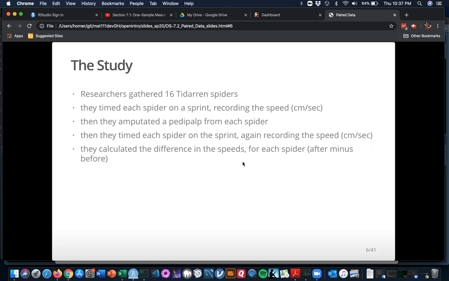And then they calculated the difference in the speeds for each spider, the after speed minus the before speed. So like maybe after the amputation, the spider went 2 meters a second. That's kind of fast. And before, it went 1 meter per second. And the difference, 2 minus 1, was what was calculated. So you really get one number for each spider, the difference in speeds.